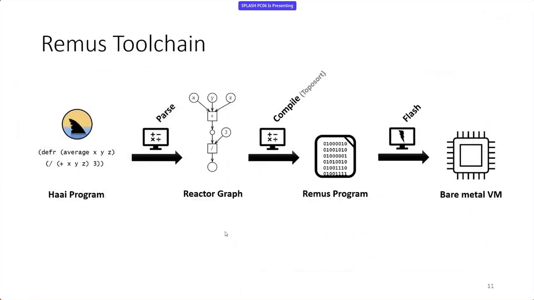In general, the way you would make use of an actual implementation of REBLS is you have your high-level program, you parse it into a reactor graph, and then you compile that reactor graph into a REBLS program together with all the other reactors that it consists of. You take all these REBLS programs, you flash them together with the virtual machine on an embedded device, and you have your functioning reactive program on bare metal for an embedded device.